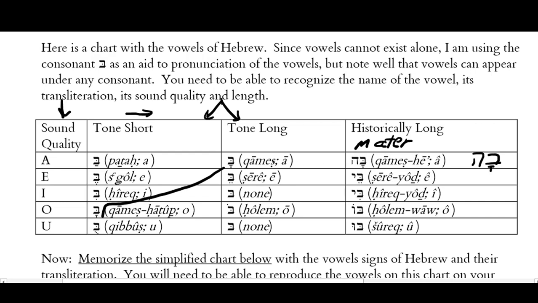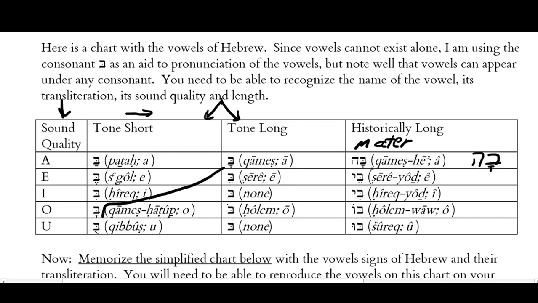Well, strangely enough, we pronounce it exactly the same way as we do the tone long A. This was ba, and this is ba. I want you to notice that you will not pronounce the hey. The hey is silent. It's only marking a vowel sound. So don't pronounce it like a consonant, because the hey here is not a consonant. A mater is not a consonant. A mater is always a vowel.